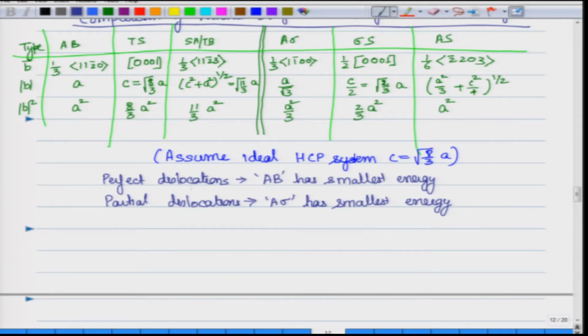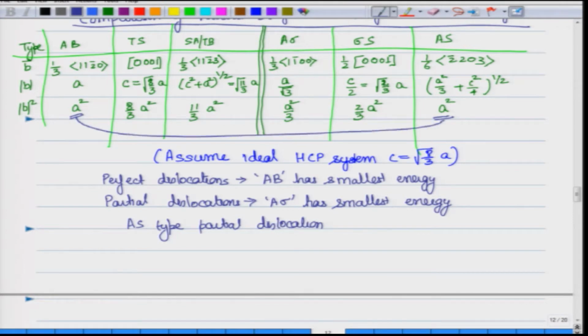So, we have perfect dislocations and partial dislocations, and another very interesting thing is that your AS type partial dislocation, as you can see, has similar energy as that of a full dislocation, has same energy as AB type full dislocation.